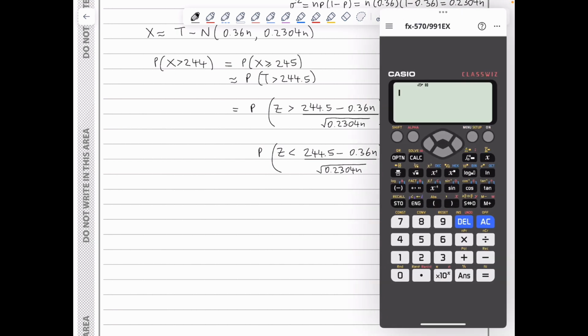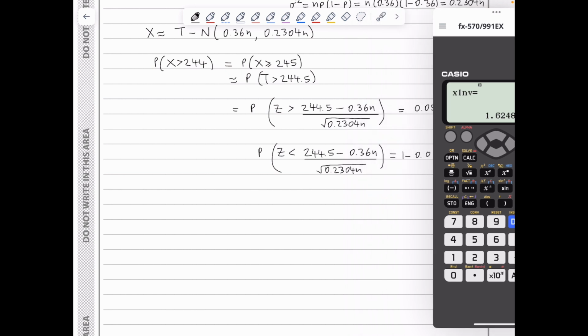So I go menu, 7, I go inverse normal, option 3, and I say that my area is 1 minus 0.0521, and I keep the sigma to be 1 and the mu to be 0 because I'm in the standard normal distribution. See, the value I got is 1.6248, and I will actually store this on A because I'll be using it later.